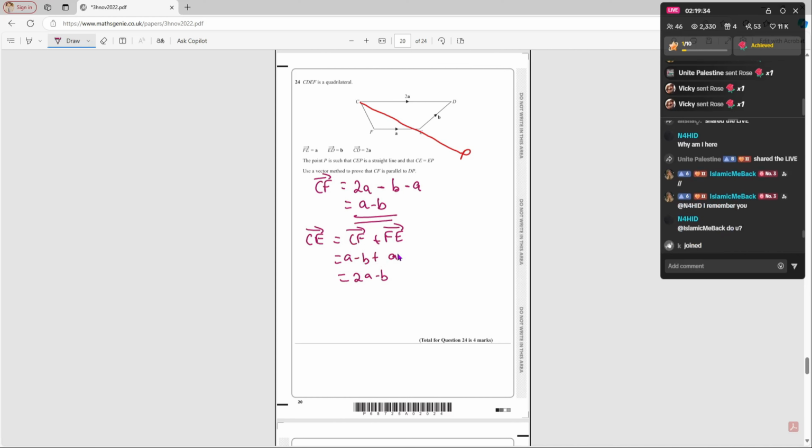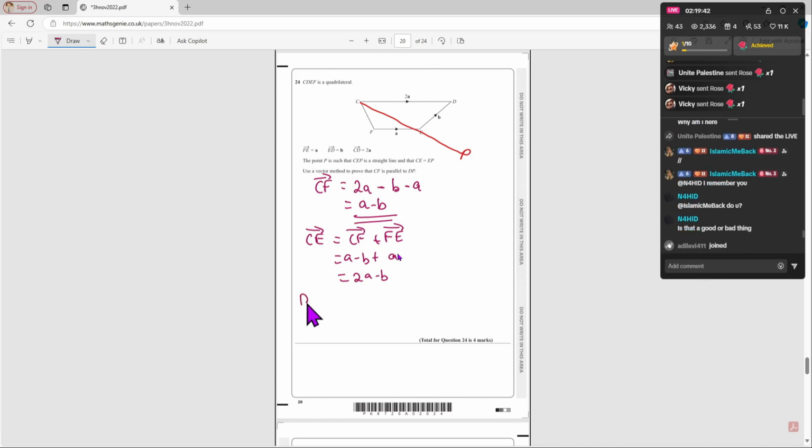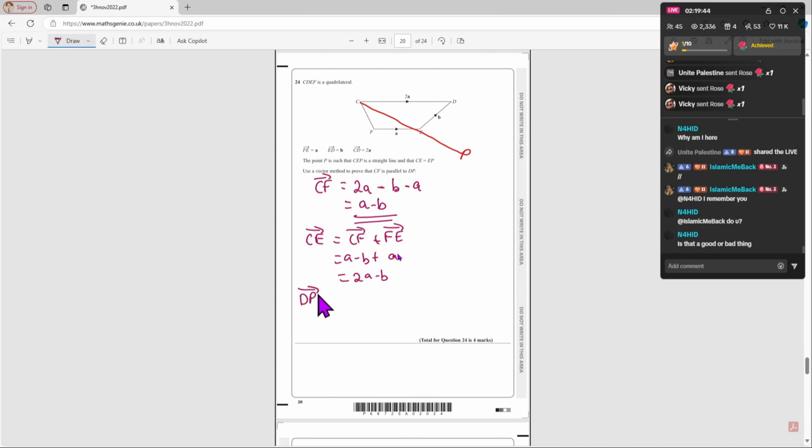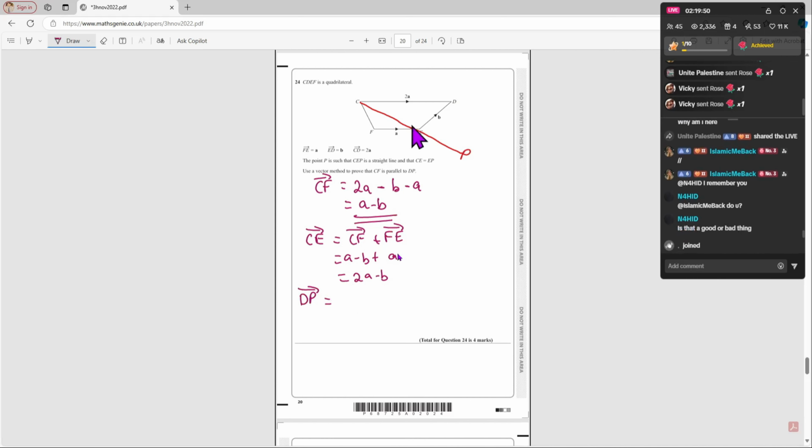And then, once we have done that, now we can work out the vector DP. DP is going to be the vector DE plus EP. It's going to be DE plus EP.